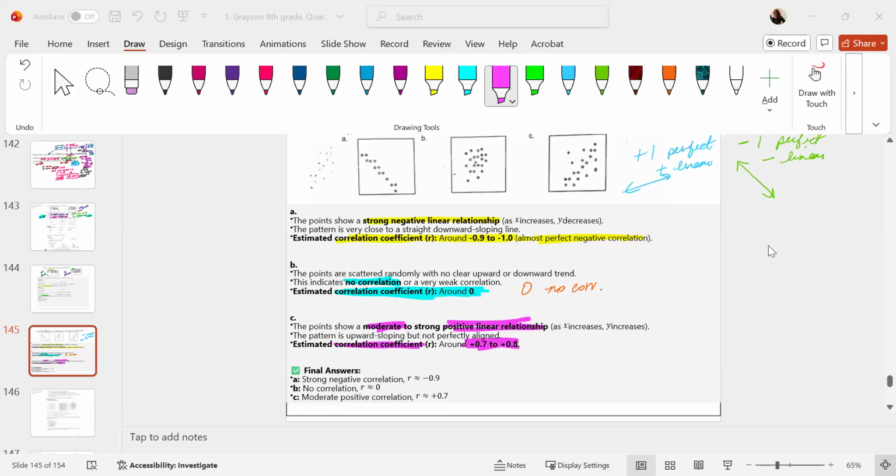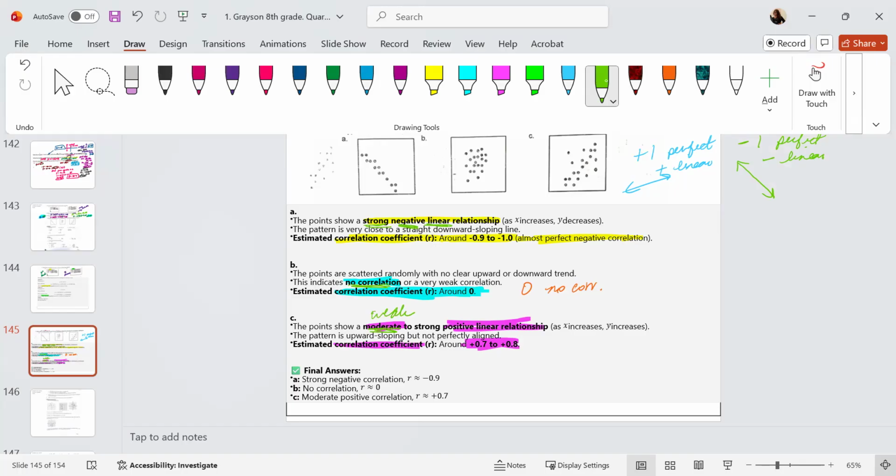Okay, so you're okay with this right here? So just be careful with the words and verbiage. Strong, negative, linear. Another one is just no correlation. Moderate, or you could say weak. Does that make sense? So just be careful with the words, okay?